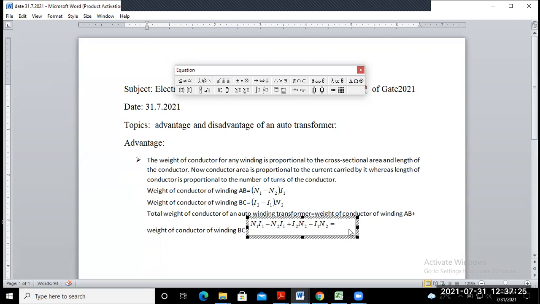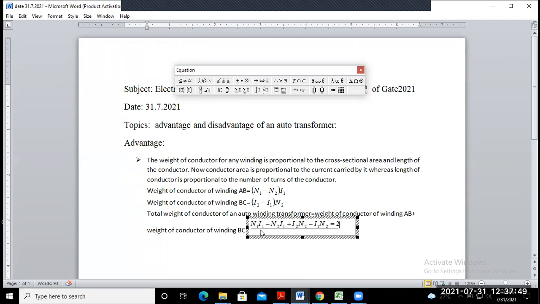So just write here 2 into, this I2 N2 can be written as the MMF are equal, I1 N1.